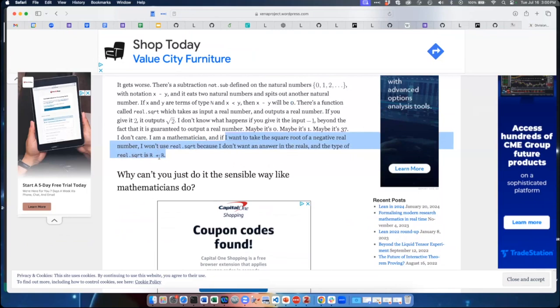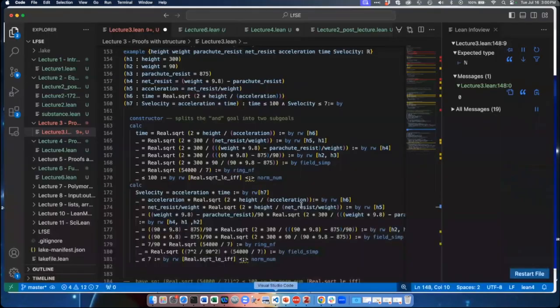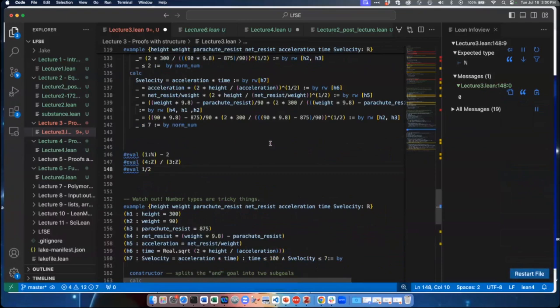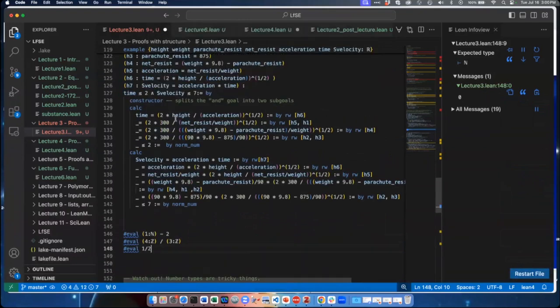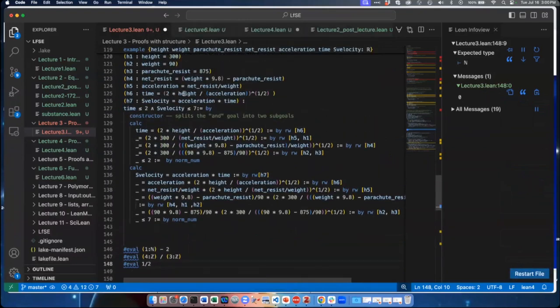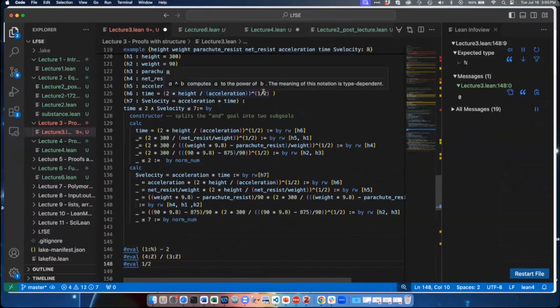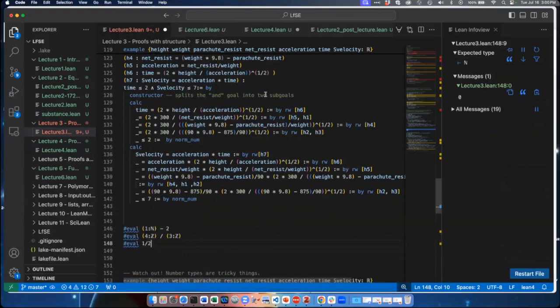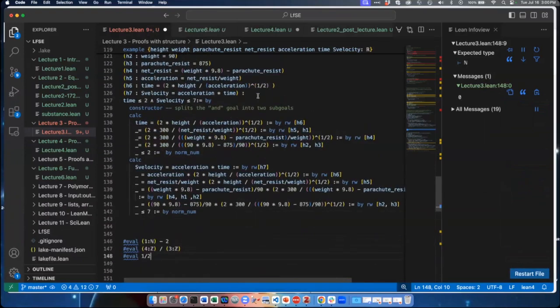So bringing it back to this example, if I wanted to take 2 times height divided by acceleration to the power of one half, I need to define it differently than this. If I wanted the square root, I needed to invoke it in that way.